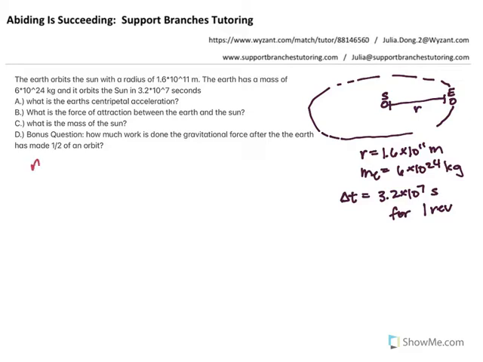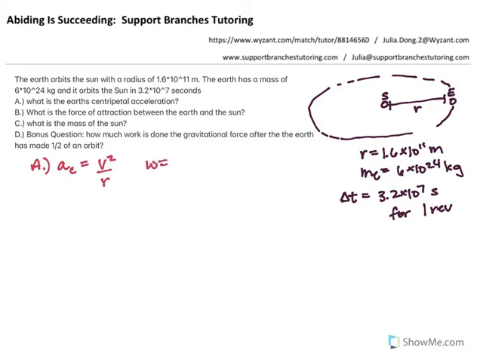For part A, it asks us, what is the centripetal acceleration? So centripetal acceleration is the acceleration of the Earth that is causing it to move in a circular motion here. And we know centripetal acceleration equals the velocity squared divided by the radius. But we can also write this in terms of angular velocity.